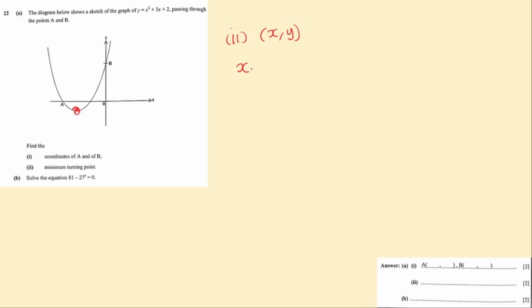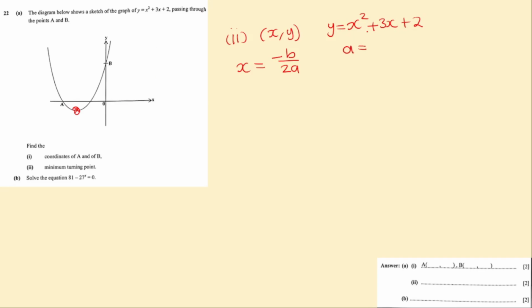We have been given a formula for finding the x coordinate of the turning point, which is -b over 2a. The quadratic expression that is representing this curve is x squared plus 3x plus 2.